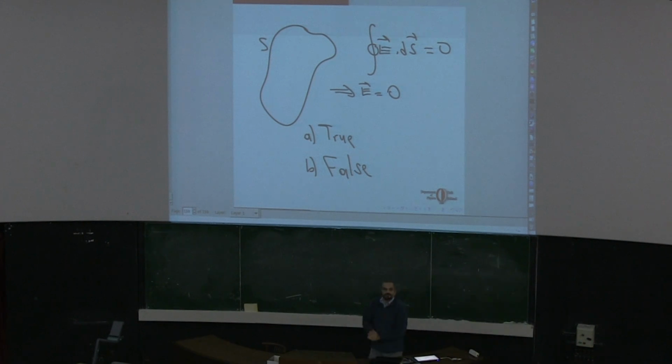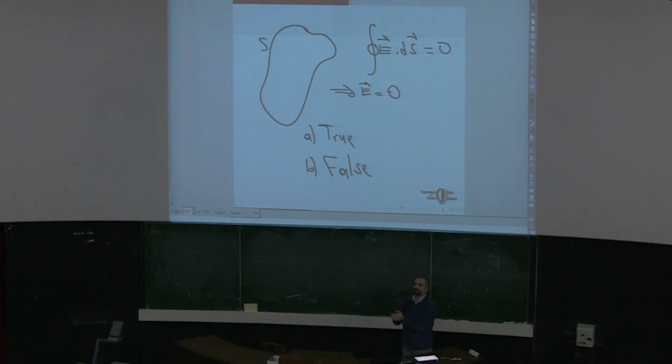Who thinks it's true? Okay, 1 true. 2. 3. Who thinks it's false? 1, 2, 3, 4, 5, 6. Okay, if I don't count as many people as hands, I will just ask you to move around.